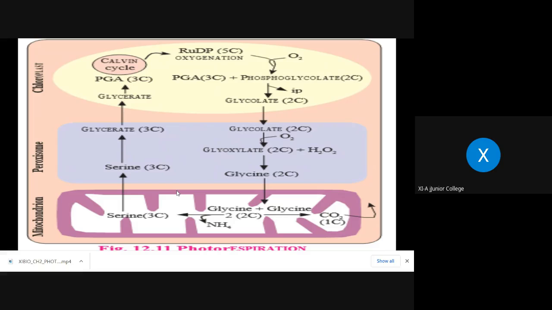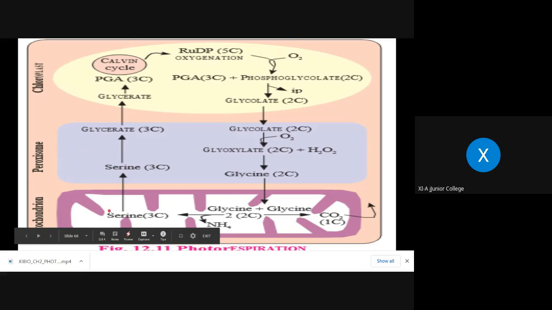In detail we will not go, but three things are involved in photorespiration: the chloroplast, the peroxisomes, and the mitochondria. If you see the mitochondrial structure, they show F1 particles on the inner membrane, right? So these are involved in photorespiration.